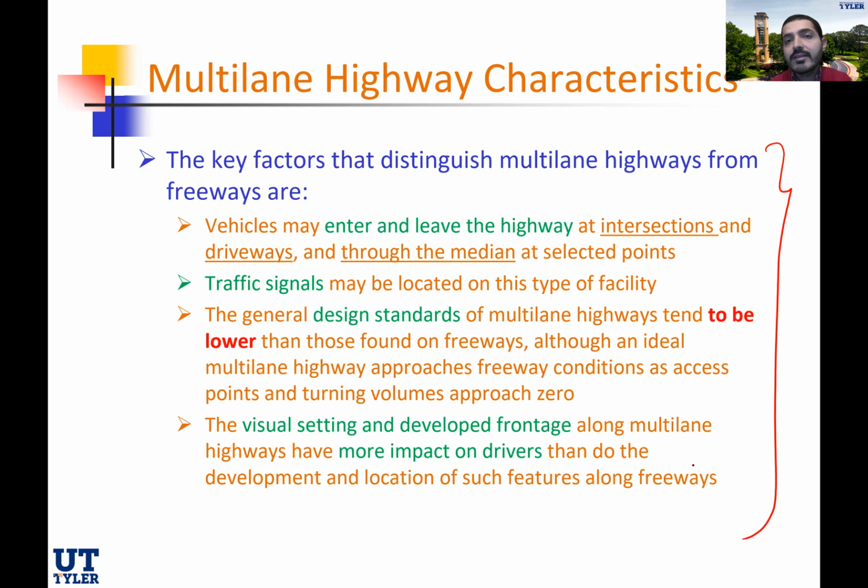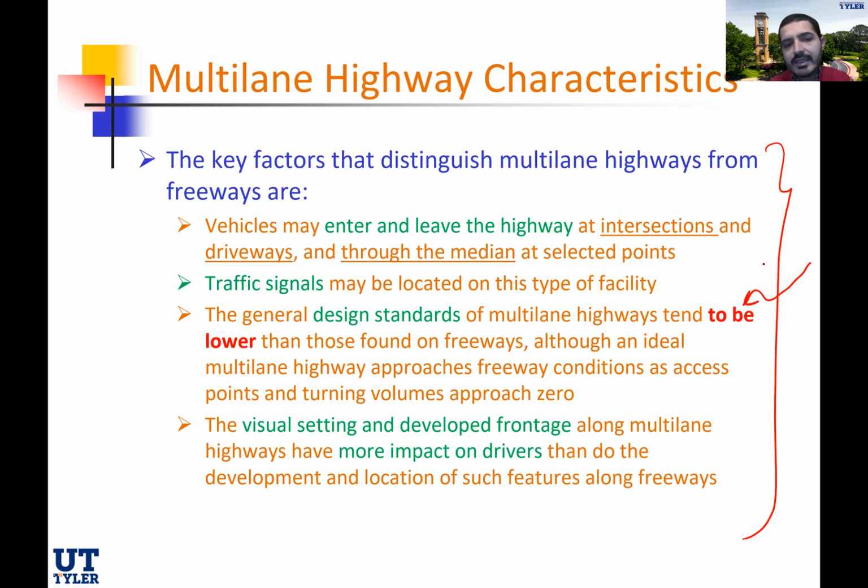Whereas for freeways, you only get to enter or exit the highways on and off ramps. That's basically what it is. It's a limited control access. When it comes to traffic signals, they may be located depending on the type of facility for multi-lane highways. We do not see any traffic signals for freeways.